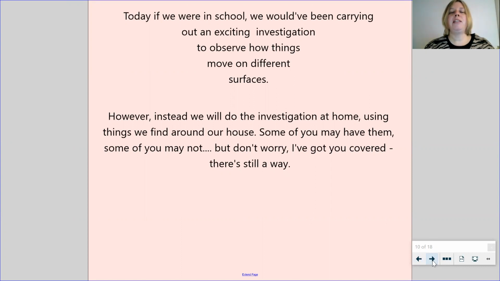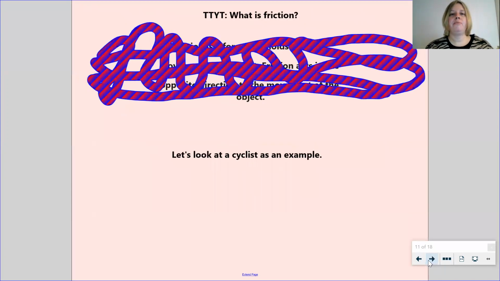However, we will be doing that investigation at home, using some of the things that we can find in our houses. Some of you may have them, some of you may not, but don't worry, I've got it covered for you. There's still a way you can join in with our investigation.